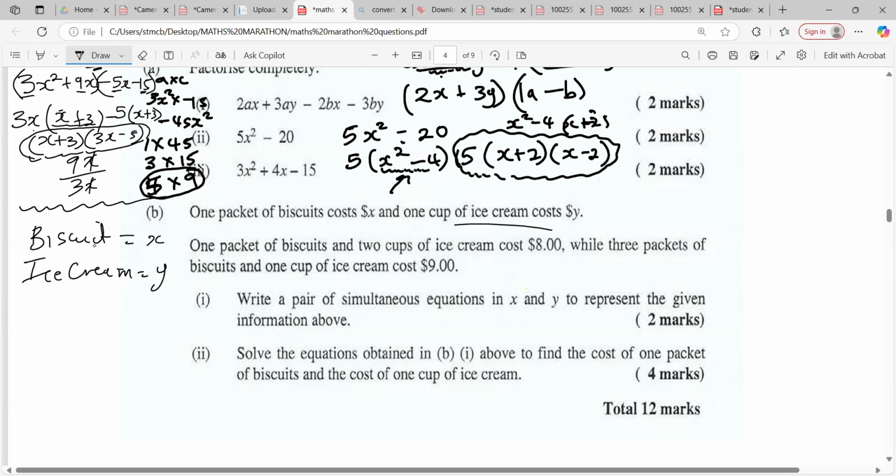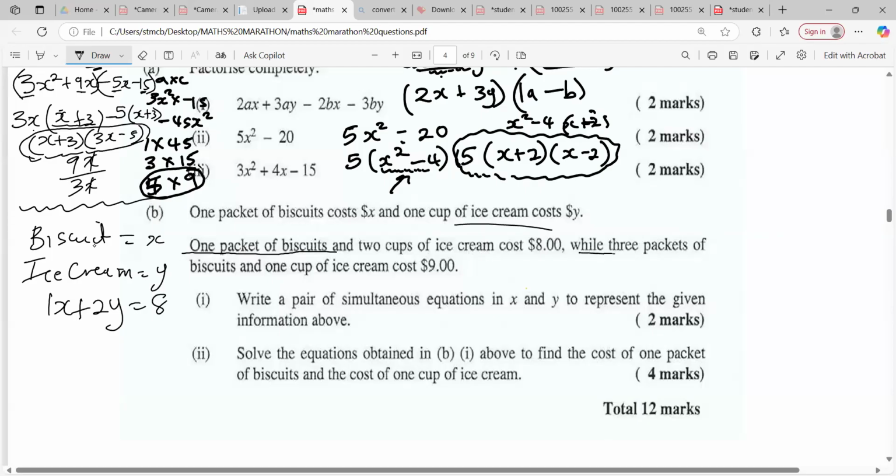They say one pack of biscuits. So don't read it, guys, just write it. One pack of biscuit. So biscuit is X, right? So they say one pack. So you can write 1x, 2 cups of ice cream. So that's 2y. Since y represents ice cream, costs $8. So we can just say 8.